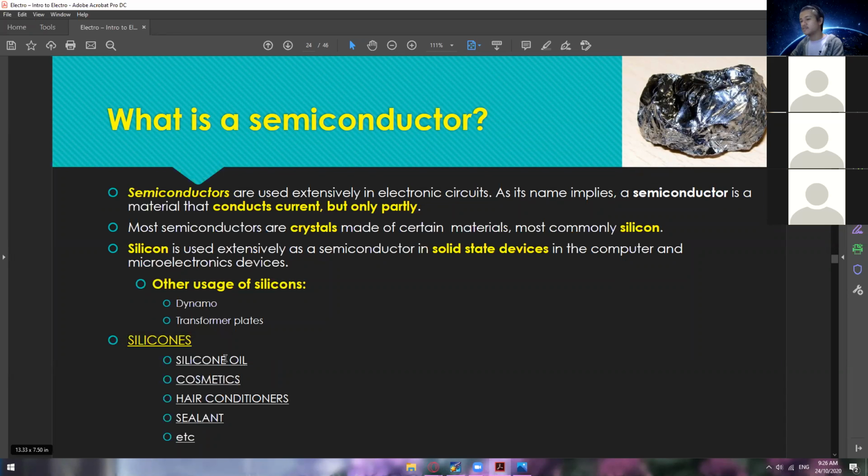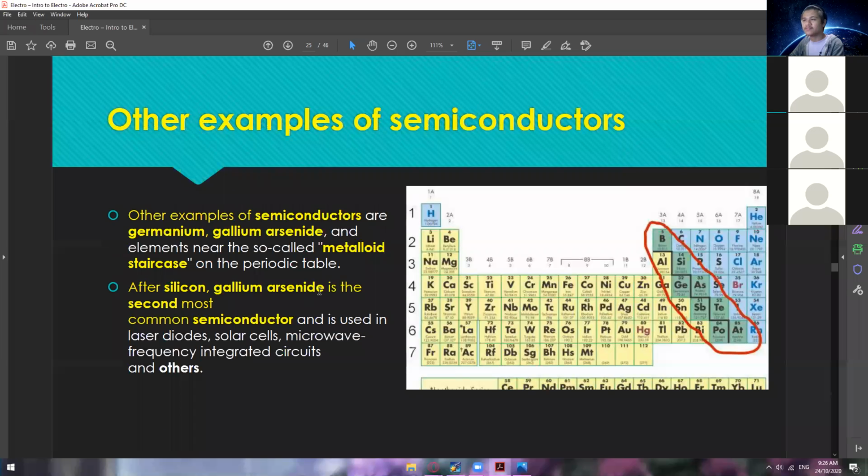Those silicones are silicone oil, the one that is being used in cosmetics, in hair conditioners, for sealant, tire sealant, and others. There's a lot more that we can use silicones for. So this one is silicon, this one is silicones. You should take note of that.